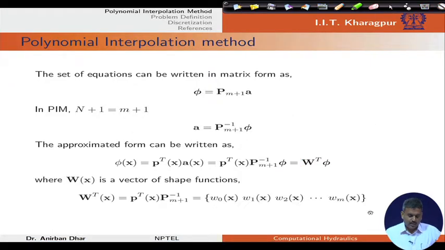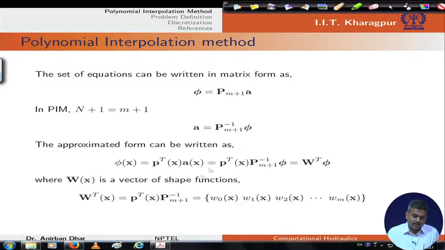Now, W is a vector of shape functions, where W transpose is W 0, W 1, W 2 to W m.